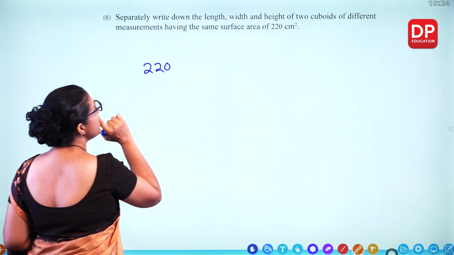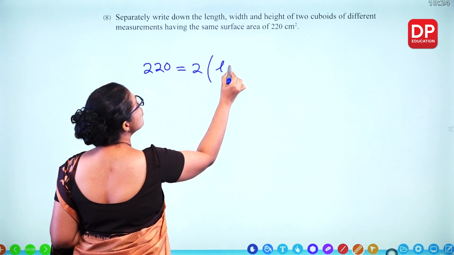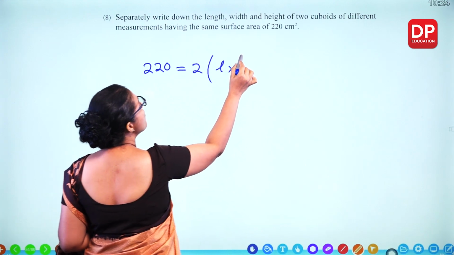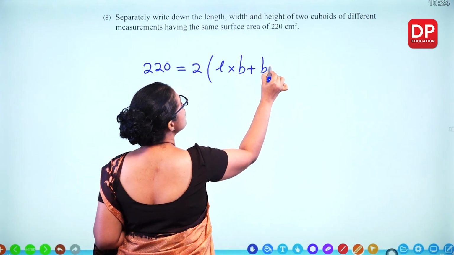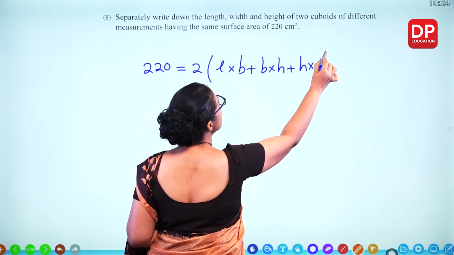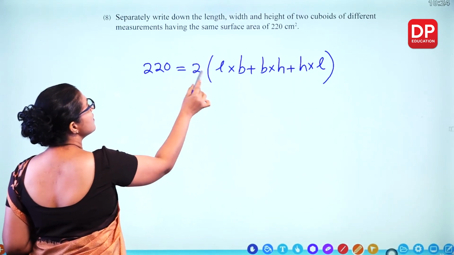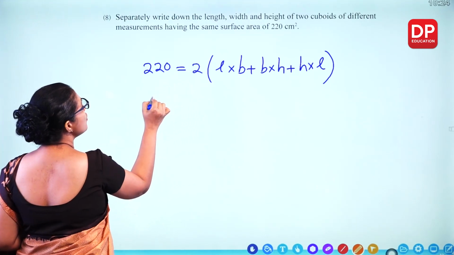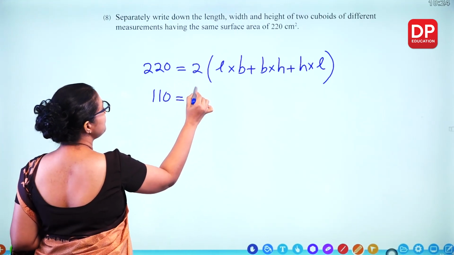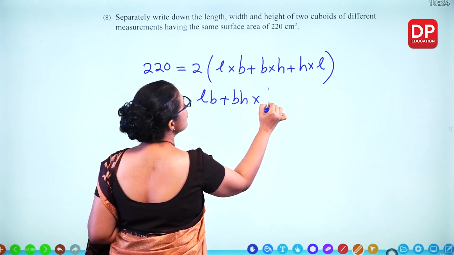So, that should be 2 times length into breadth, breadth into height and height into length. Now divide both sides by 2. This is 110. LB plus BH plus HL.